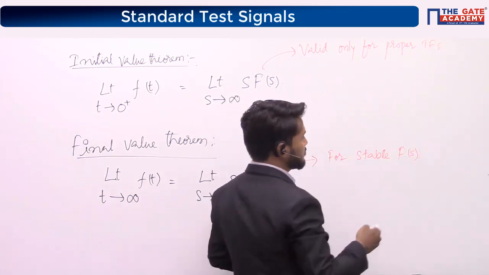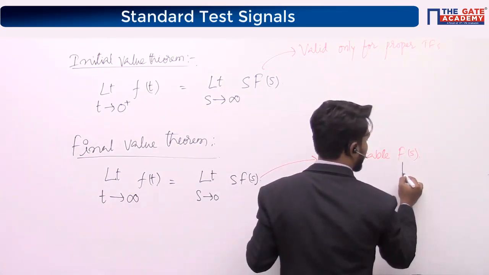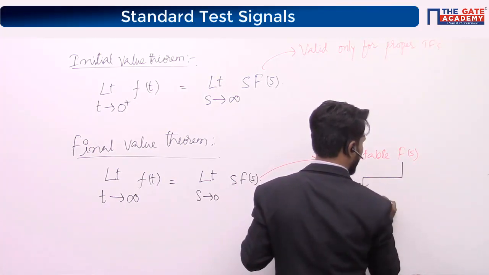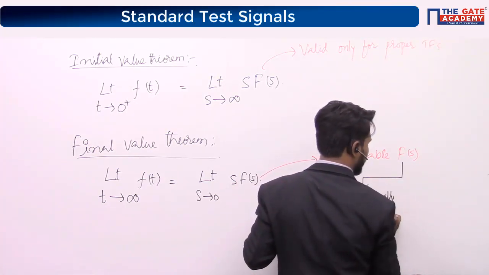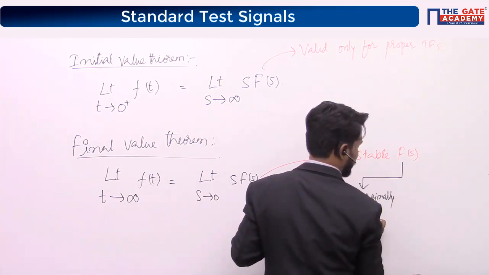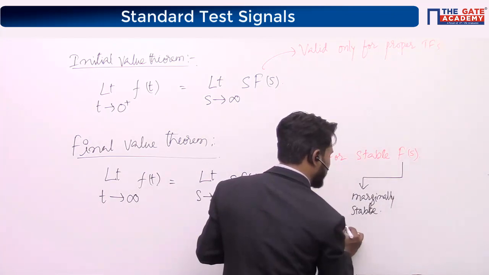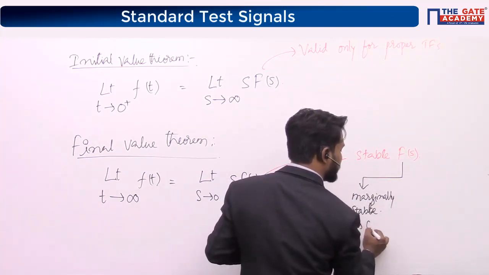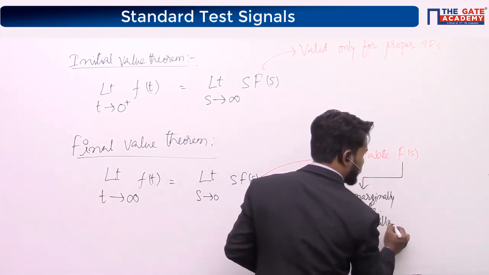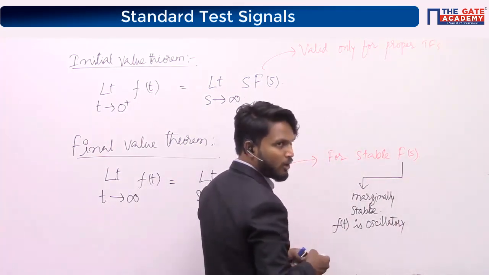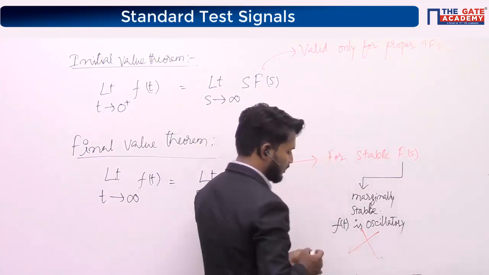So if F of s is marginally stable, that means f of t is oscillatory, then this is not valid.